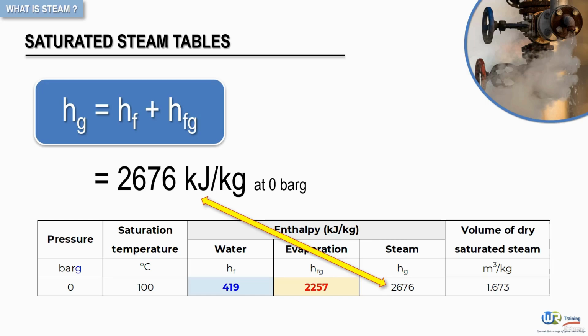However, keep in mind steam at atmospheric pressure is of limited practical use. This is because it cannot be conveyed under its own pressure along a steam pipe to the point of use.